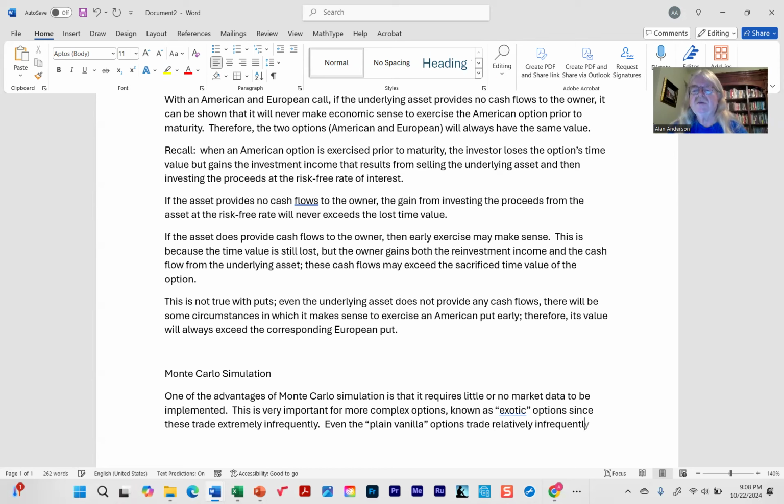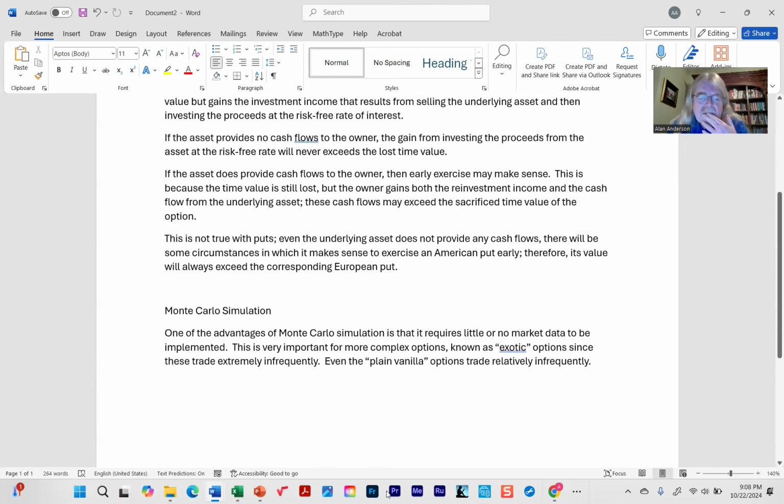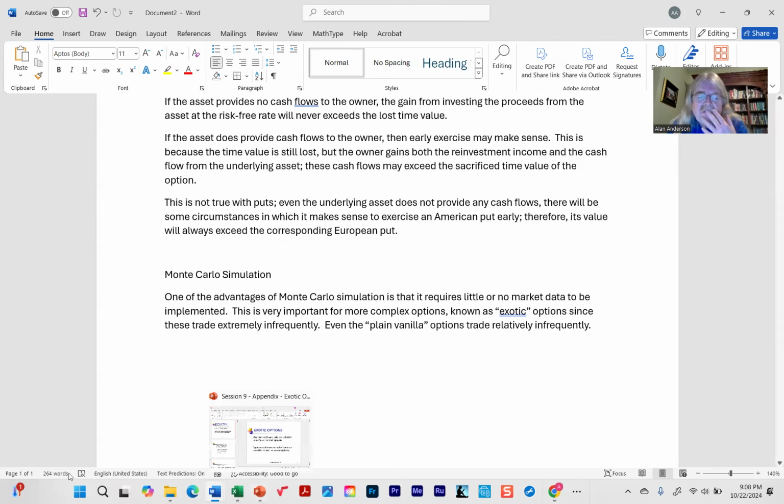In fact, some options can go through an entire day or two without trading even once. So that's actually a constant challenge with option pricing models, getting enough data. So that means that not needing data, or not very much, is quite a huge advantage. Okay, so that's one of the big deals.